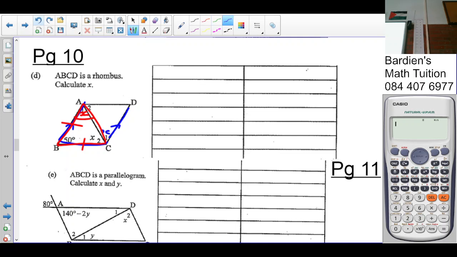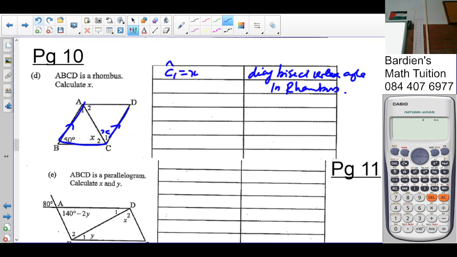But I'm going with what was given first. Right, so let's go. C1 is equal to x. Why? Because the diagonals bisect the vertex angle in a rhombus. Not so?